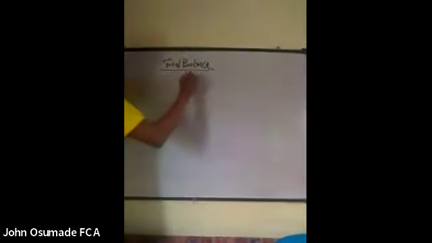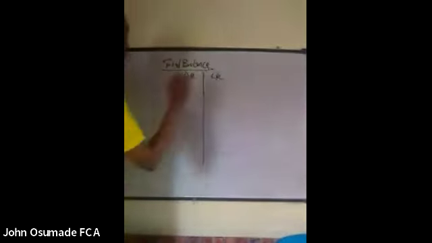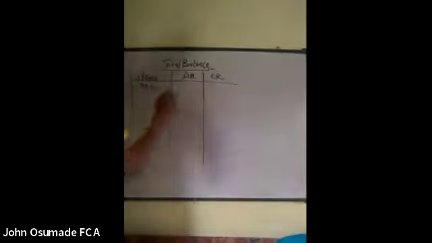We have the debit side and the credit side. I have the different accounts, that is items or particulars, as the case may be. I have motor vehicle, which I call MV. What is the figure? I know it's a debit figure, and that is 960,000.